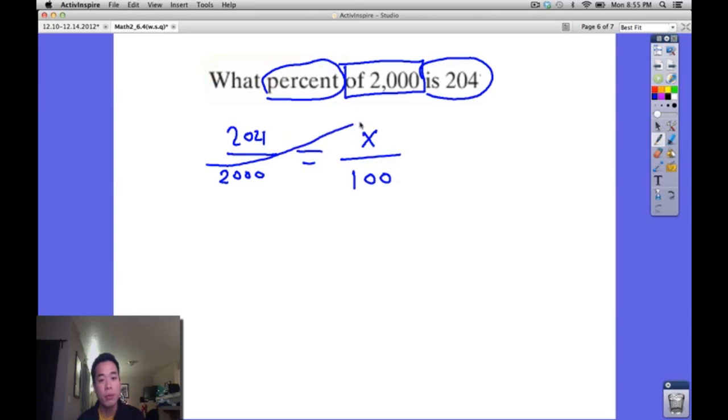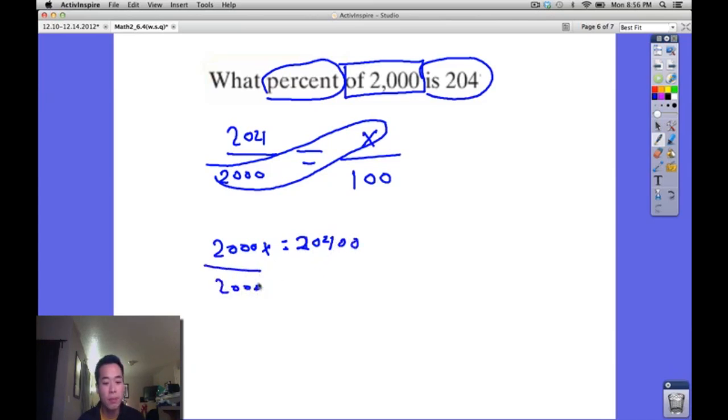Quickly cross multiply. You know that 2,000 times x is 2,000x. I know that 204 times 100 is 20,400. I divide both sides by 2,000.